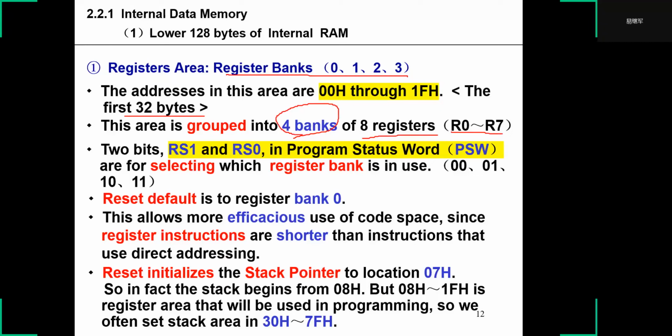How do we decide which register bank to use? We use 2 bits in the PSW, the program status word. These 2 bits, RS1 and RS0, are used for selecting which register bank is in use.